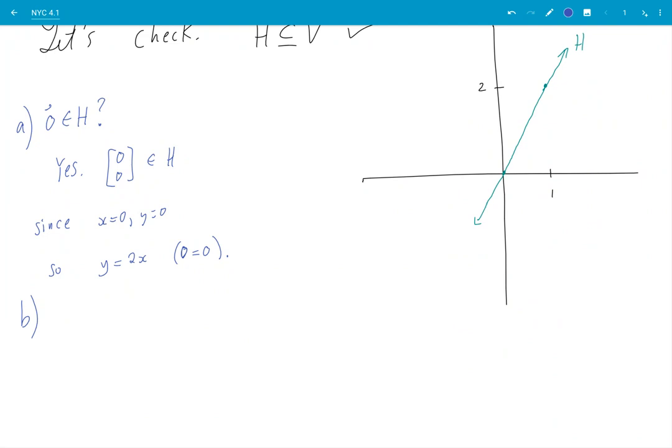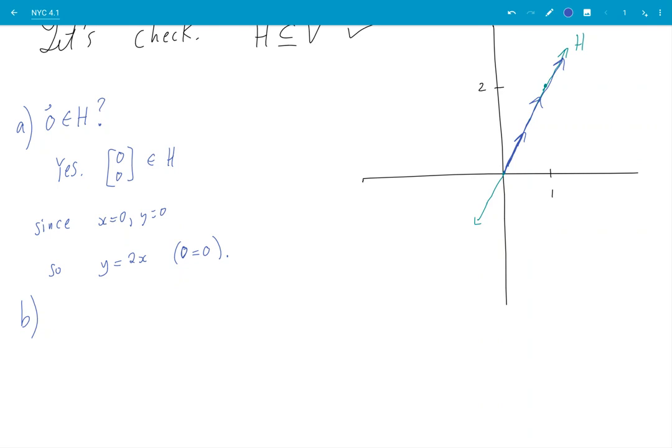B, closed under addition. So what do I need to prove here? I need to prove that if I have two vectors that are on this line, well, you can see it, right? If I have a vector here and a vector here, and I add them, I'm still going to end up on the line somewhere, right?